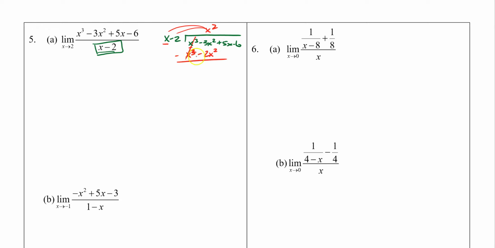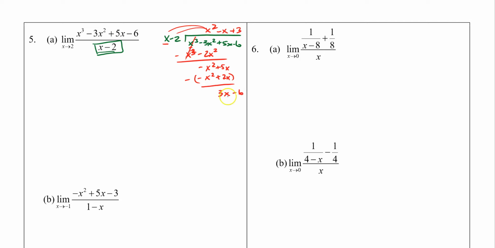Negative 3x squared minus negative 2x squared is negative x squared plus 5x. Do the process all over again. I've got minus x here, so I've got negative x squared plus 2x. If I subtract that, I get 3x minus 6, and do the process one more time.